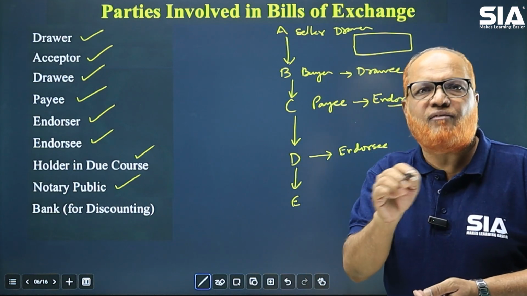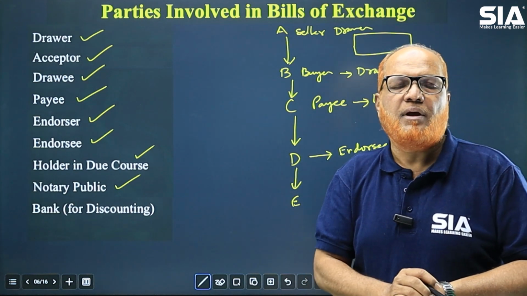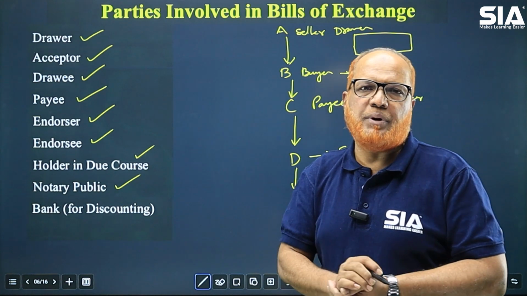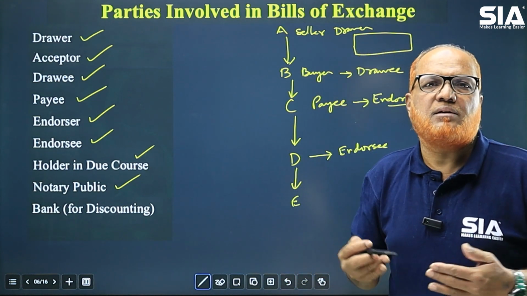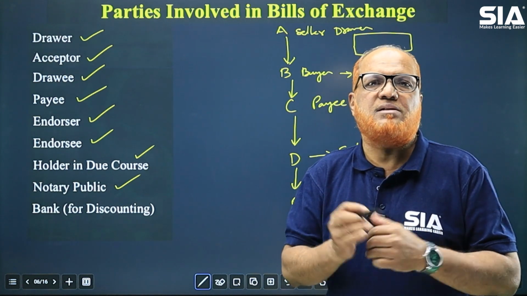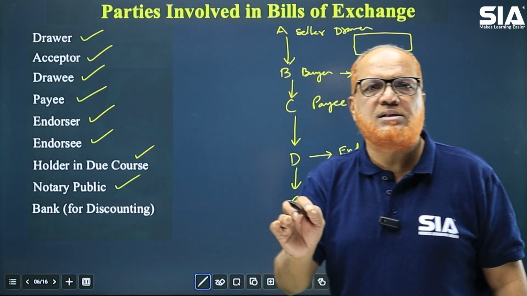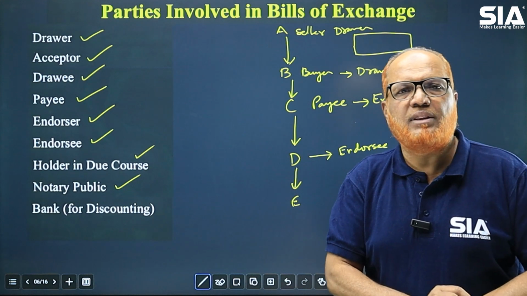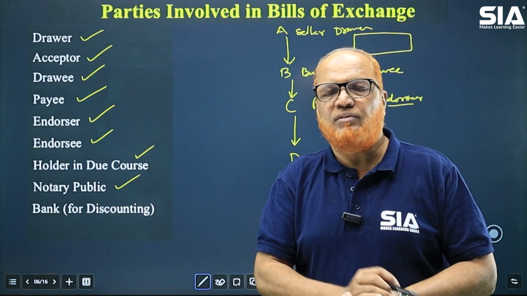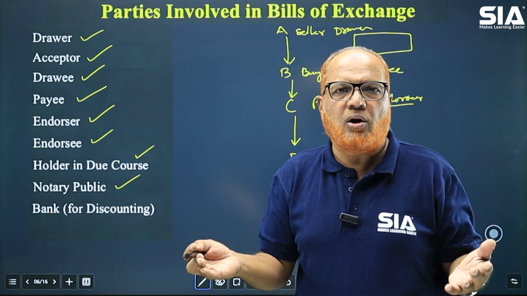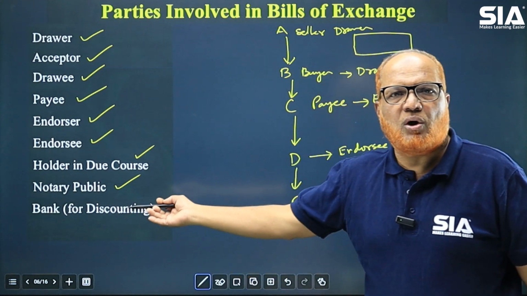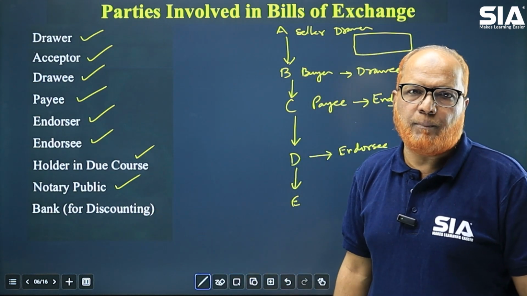He will record the fact of dishonor and give back the bill to the person. For doing this, they will charge some legal fees. So in simple words, notary public will come into existence only when the bill is dishonored. If the bill is honored on time, there is no question of going to notary public.